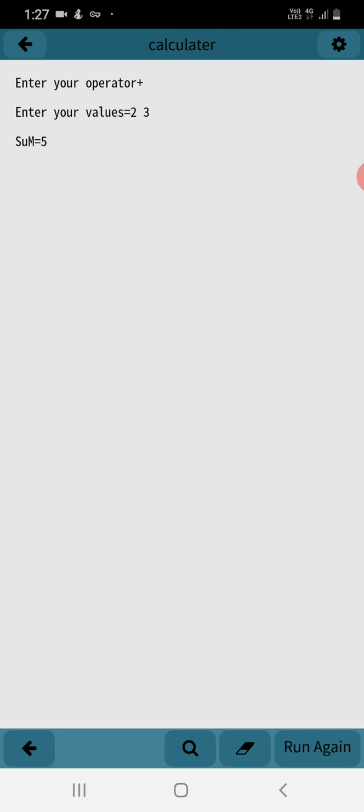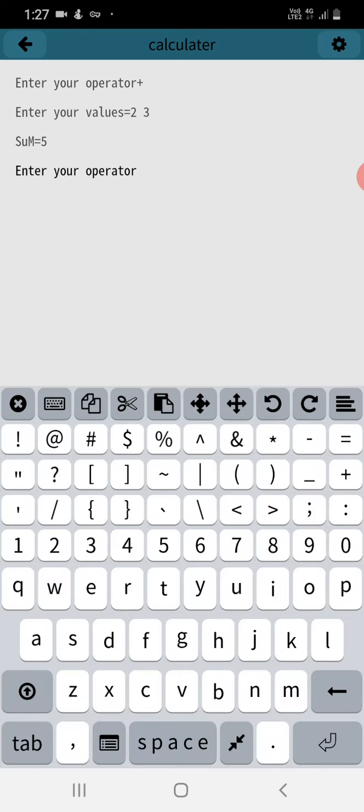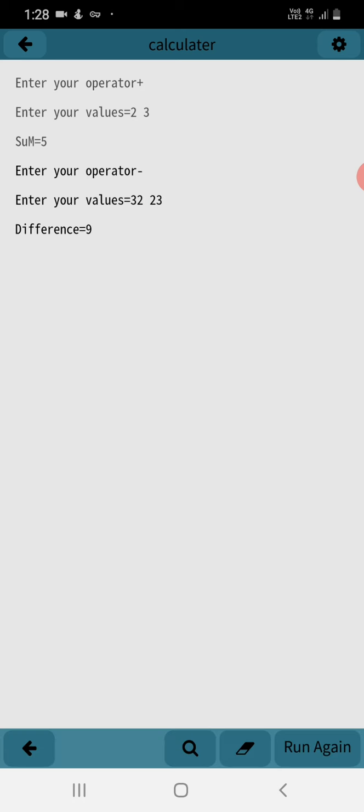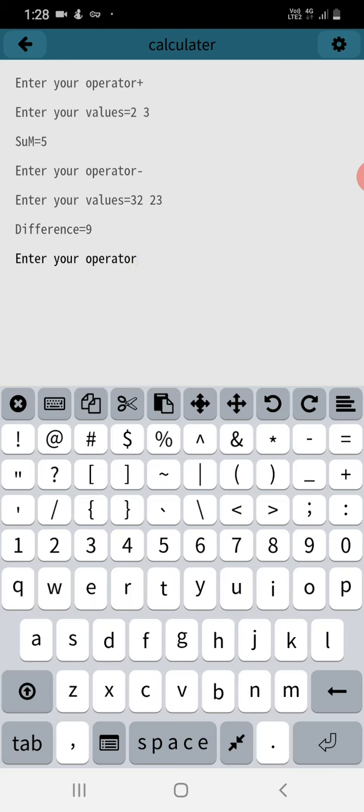Compile, run again, enter your operator, next operator minus, enter your values, 32 space 23. Difference, 32 minus 23, the answer is 9, so we have successfully got that answer.